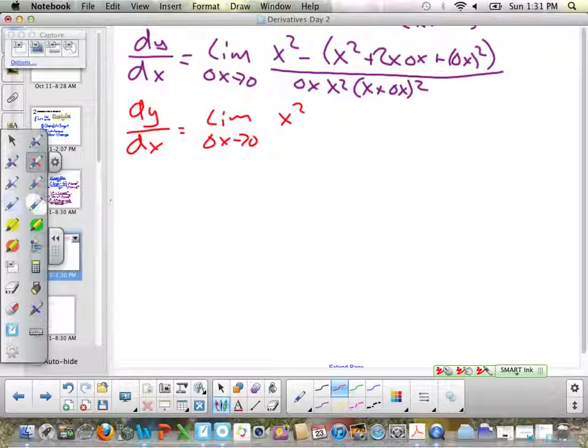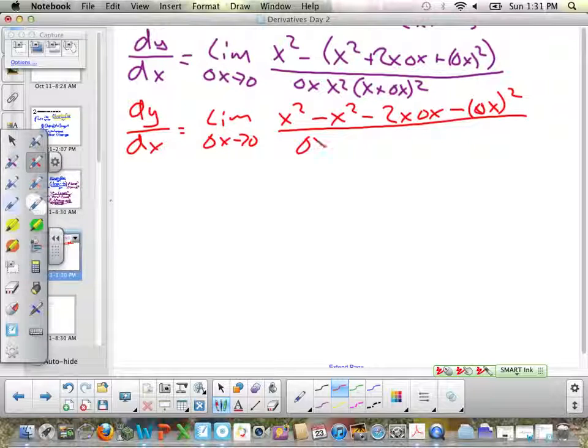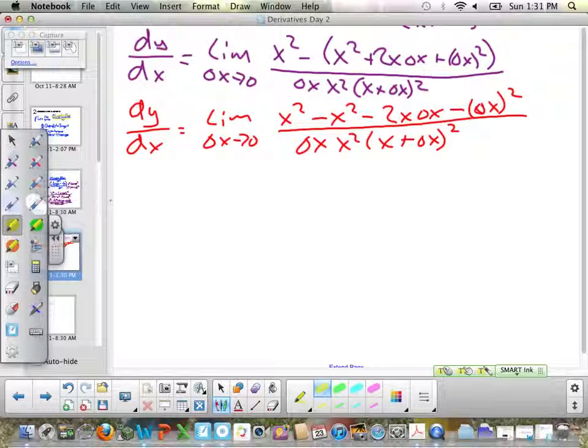You got x squared minus x squared minus 2x delta x minus delta x squared all over our denominator, delta x, x squared, x plus delta x, quantity squared. Now looking at our numerator, we got some simplification we can do. X squared minus x squared cancels. Then there's a delta x here and a delta x here that we can factor out.